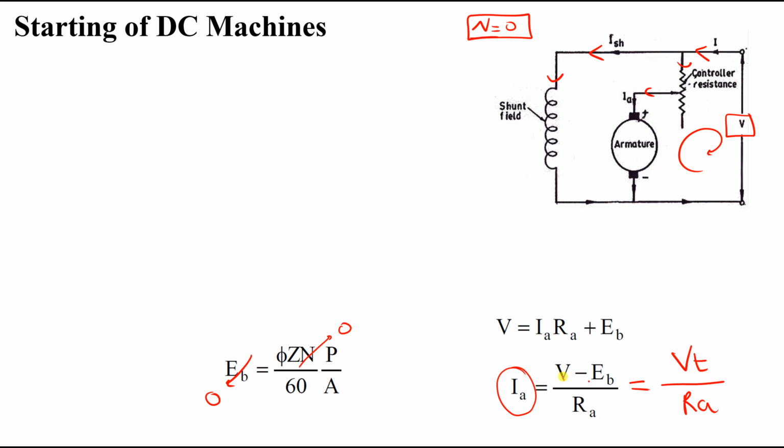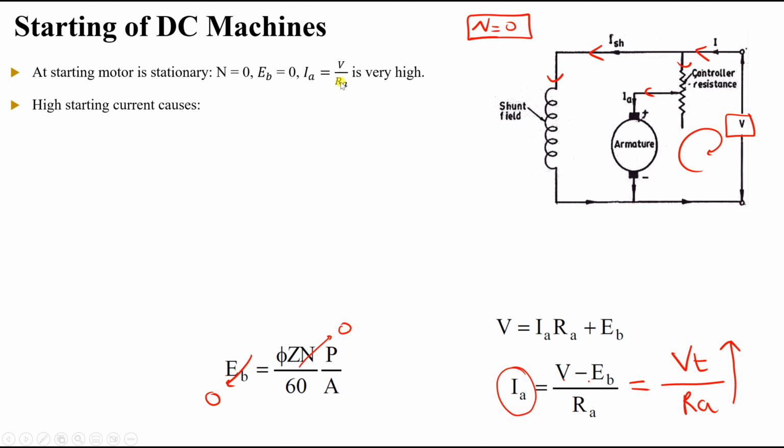Now this value can reach 6 to 8 times the value of the rated current, which is a very large amount of current. So this is actually a problem in starting of DC machines. At starting, the motor is stationary, so the speed is 0, E back equals 0, and V over RA is very large.